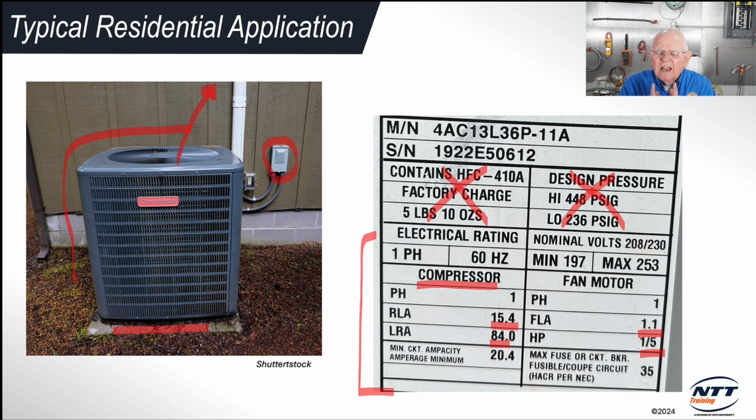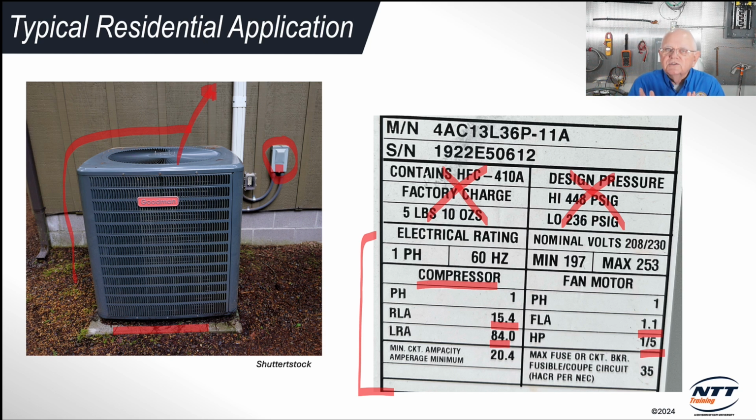Now, let's see. I'm going to install this air conditioning unit, so I need to run some branch circuit conductors from my panel board. I've got to install a breaker in that panel board. It's got to be the right size breaker, type breaker, and all of that. And then it's got to supply this disconnect switch. This disconnect, in most cases, is just a switch. That's all it is.